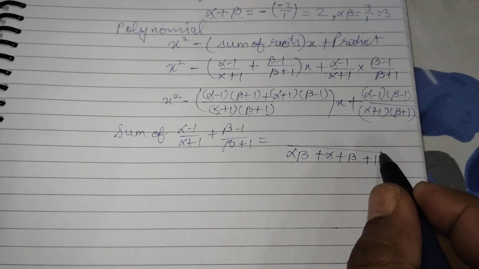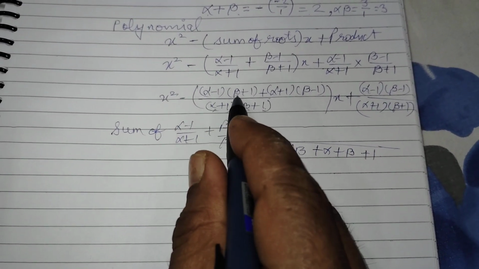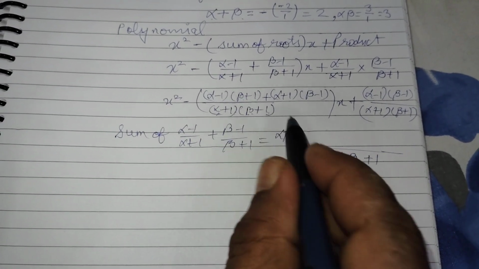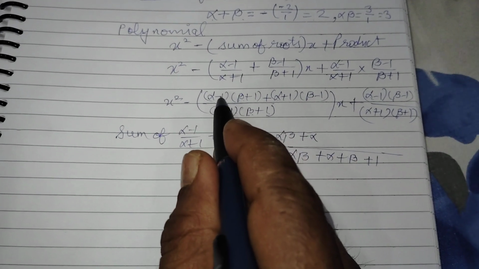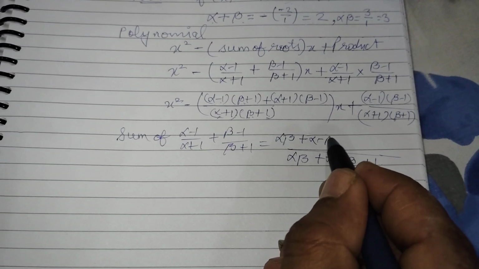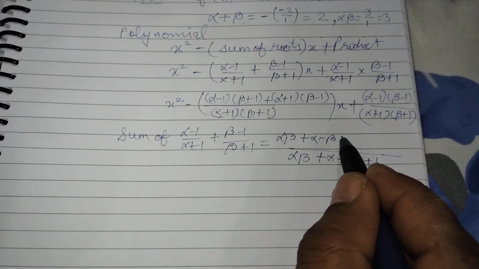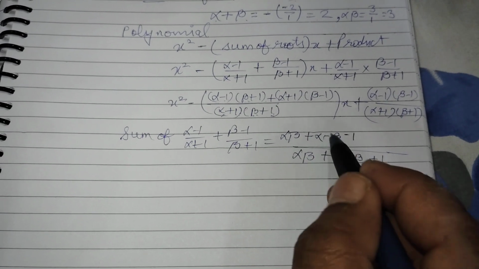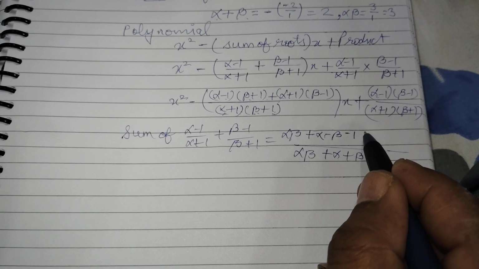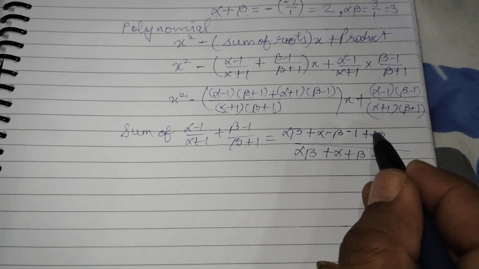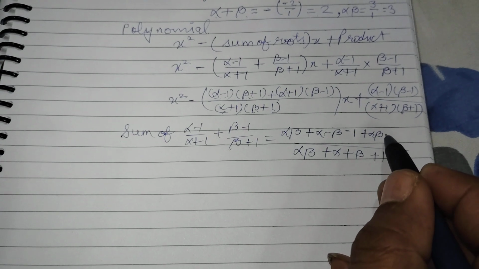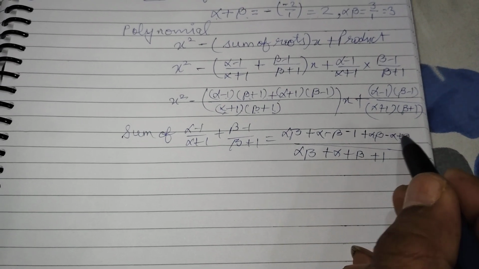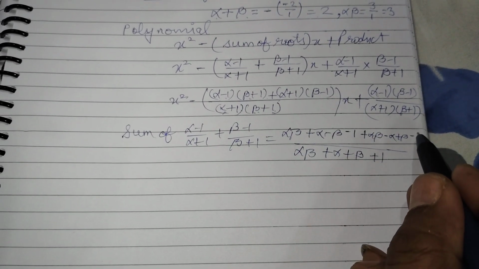This is the denominator in the sum of roots. In the numerator we multiply the brackets: alpha beta, then alpha times −1 gives −alpha, then −1 times beta gives −beta, then −1 times −1 gives... for the first term (α−1)(β+1): alpha beta, plus alpha, minus beta, minus 1. In the second term, (α+1)(β−1): alpha beta, minus alpha, plus beta, minus 1.